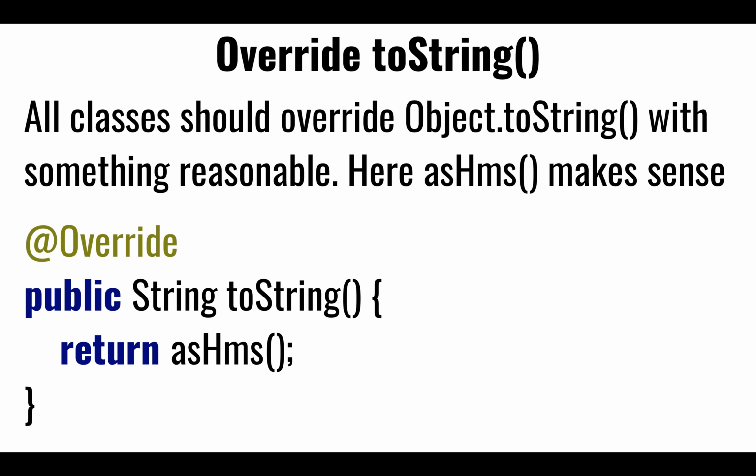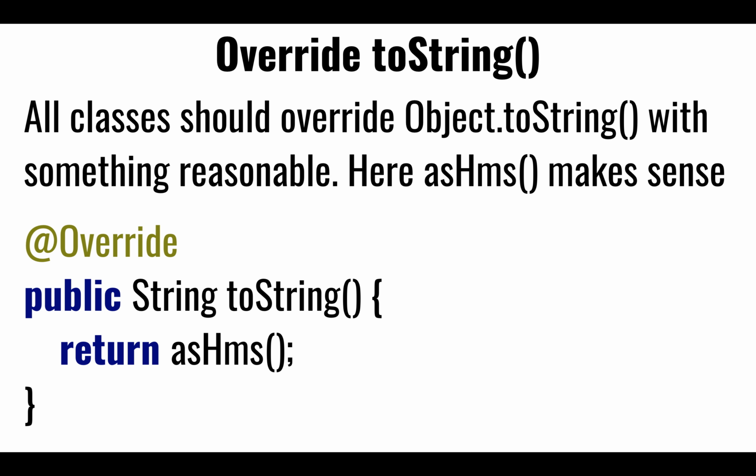Since we're creating a toString, what's the purpose of having the separate method asHMS if its whole purpose seems to be just to be called by toString? Well, no, it's not all. asHMS is meant to be used in other contexts, not only in toString.